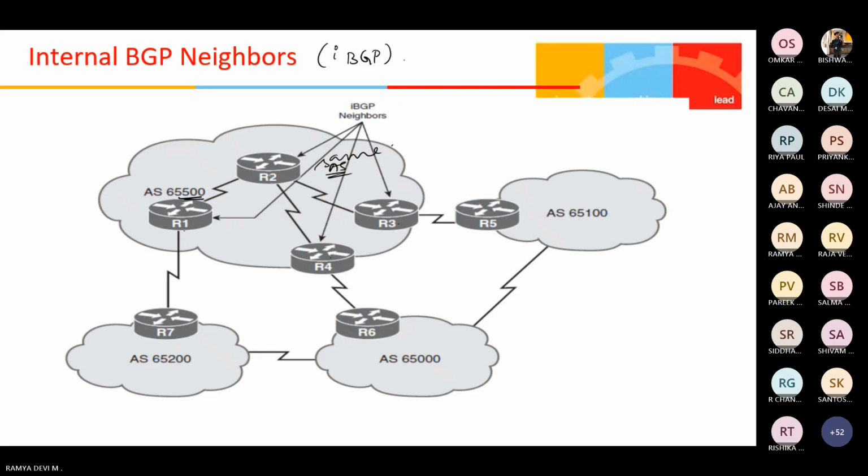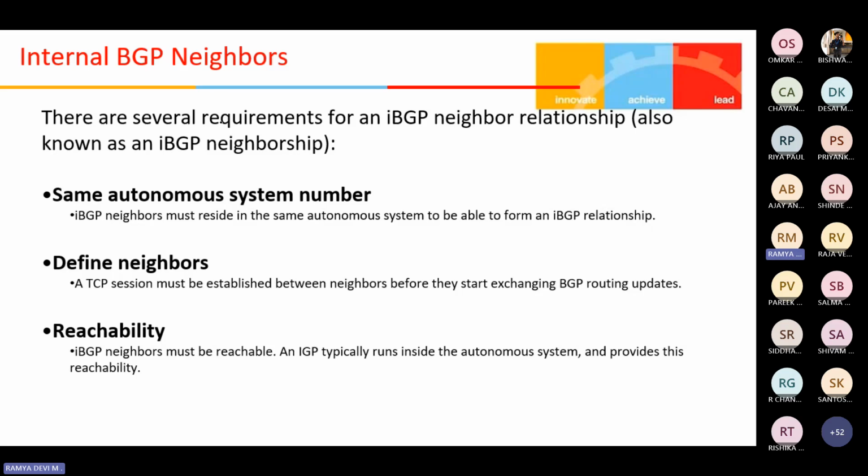Now we'll see internal BGP. Again, we'll continue with the requirements. Several requirements are there. It should be within the same autonomous system number. Whereas in eBGP they need different autonomous system numbers, here they need the same autonomous system number. Who are the neighbors?